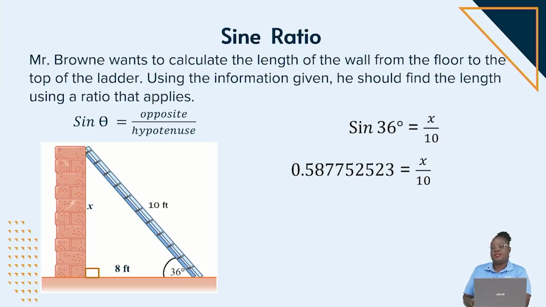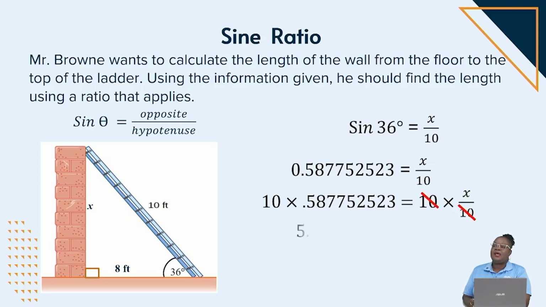Again, we need to make x the subject of our equation, so we multiply both sides by 10, which gives us 5.877852523. X, when we approximate it to the nearest whole number, will be 6 feet.